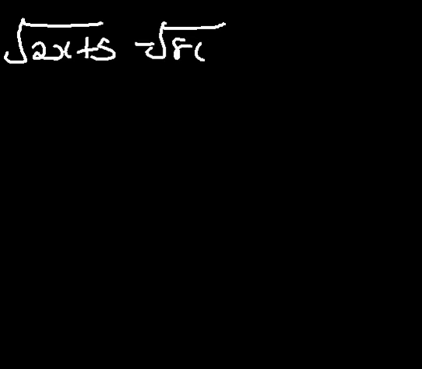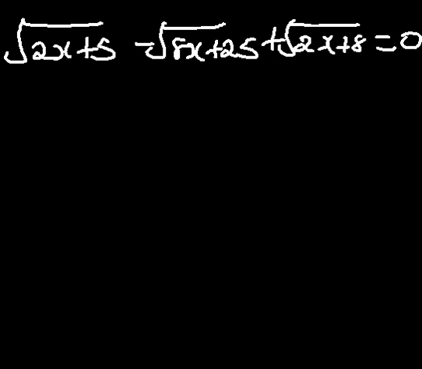How about if we have a problem with three radical expressions? Let's say we have the square root of 2x plus 5, minus the square root of 8x plus 25, plus the square root of 2x plus 8, is equal to 0.